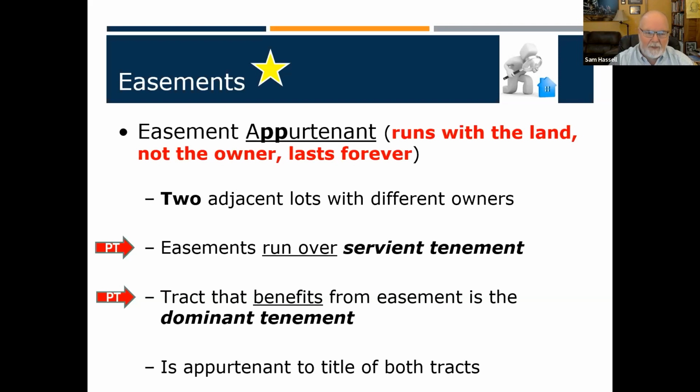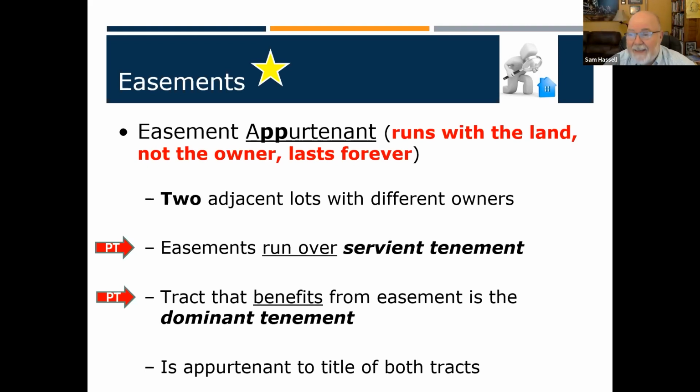All right. So the easement that runs over my property is a servient tenement. I serve, okay? I serve my property. There's a driveway. The gentleman who lives next to me has no way to get to his house unless he goes across the backyard or across that road by the lake to his property.